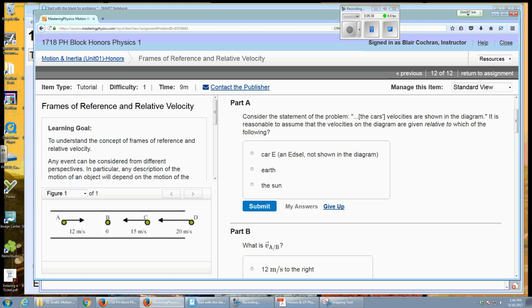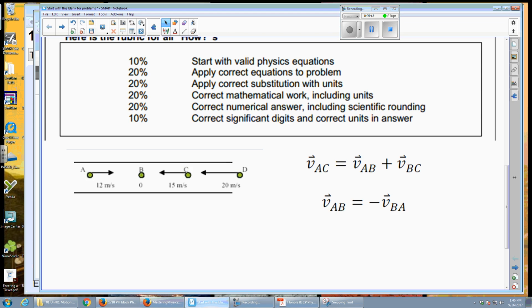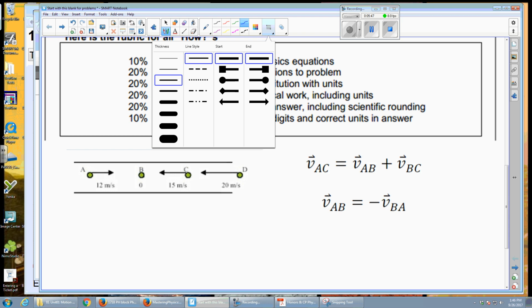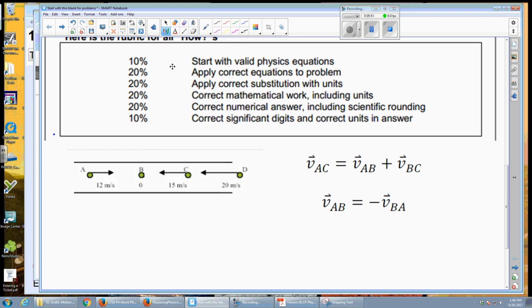Right? Good. So that means if I go back here and look at these values that they've given me, which way do you guys want to call positive? To the right? Okay. So that means this is the velocity of A with respect to the Earth, which is positive 12 meters per second.